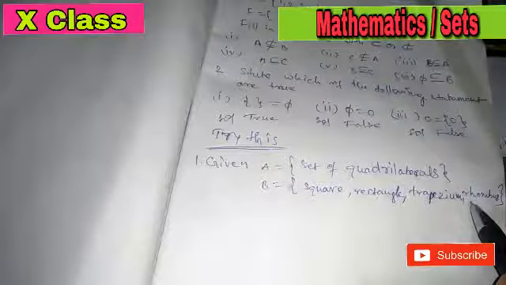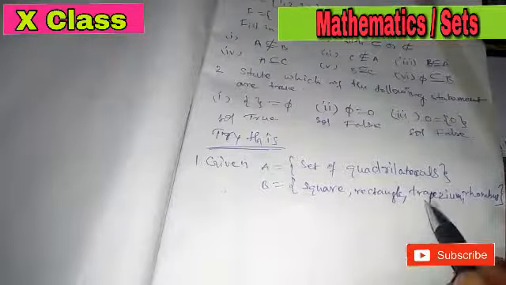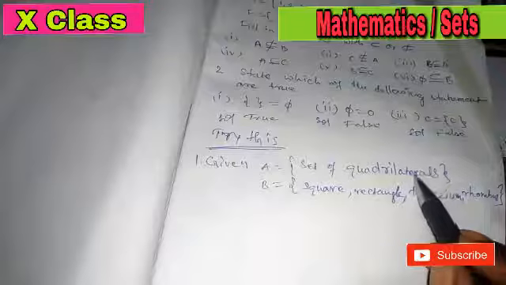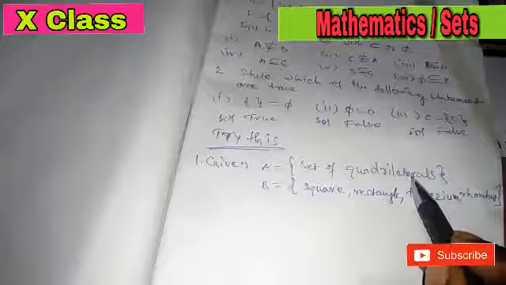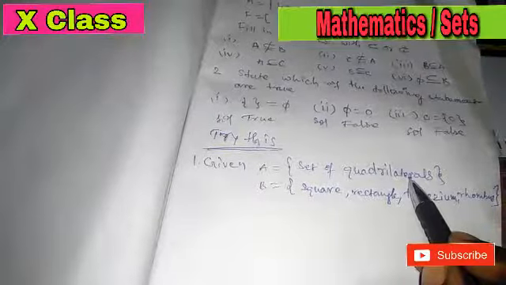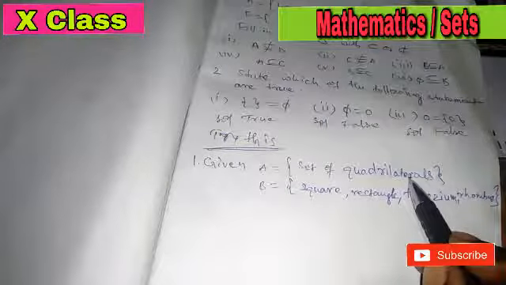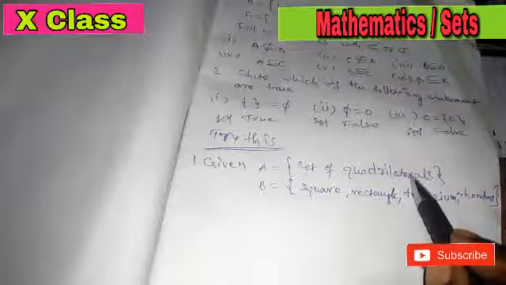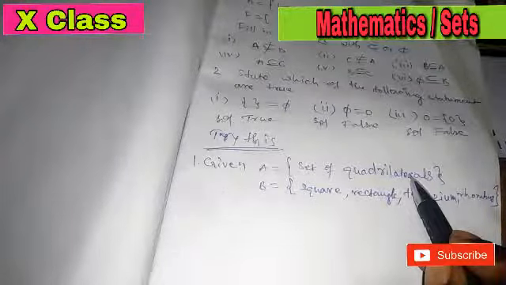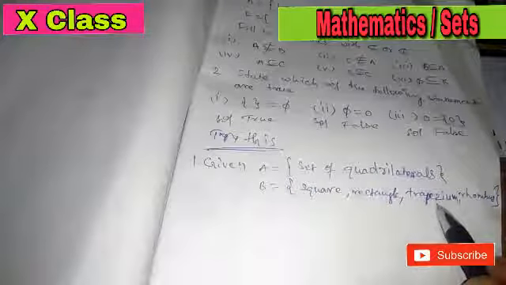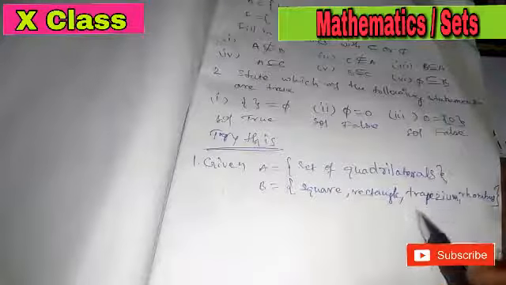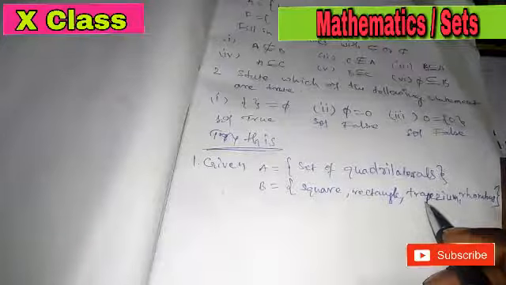Here A contains all types of quadrilaterals. These are also quadrilaterals, but B has only 4. A contains more than 4 quadrilaterals. For example, kite is also a quadrilateral and should be present in A, and parallelogram also, and trapezium already written. So many are there.